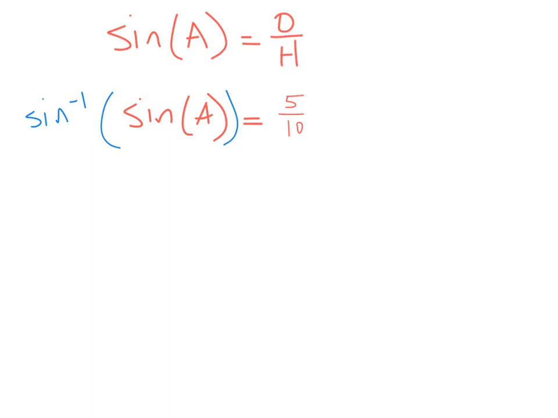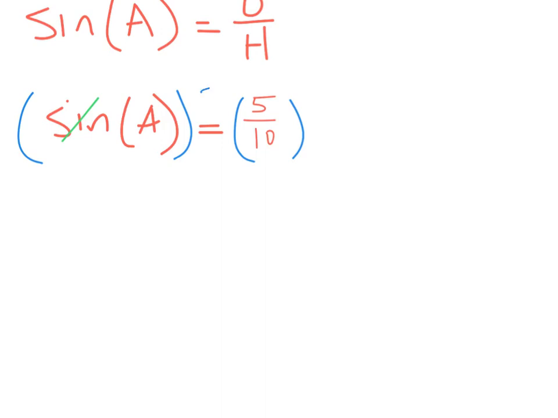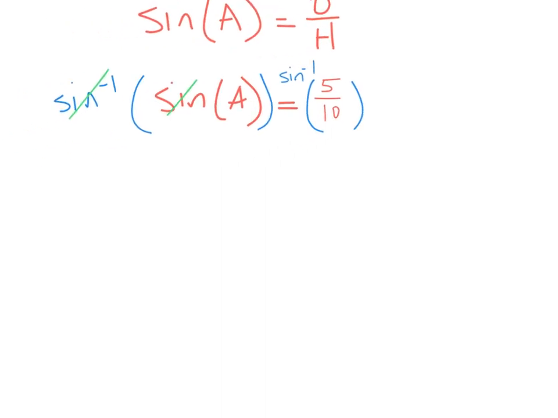And that helps cancel out the sine. And whatever I do to the left, I have to do to the right. So on the right side, I'm going to take the sine inverse of that fraction. And so on the left-hand side, all we're left with is A. On the right-hand side, we have sine inverse of 5 over 10.